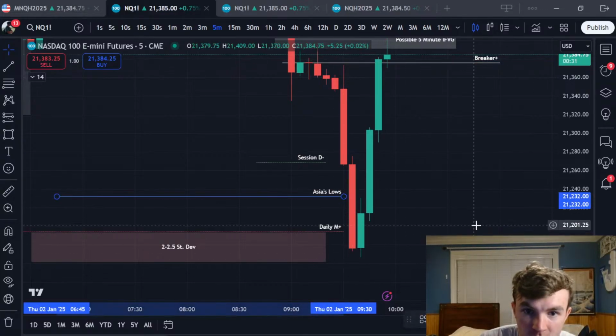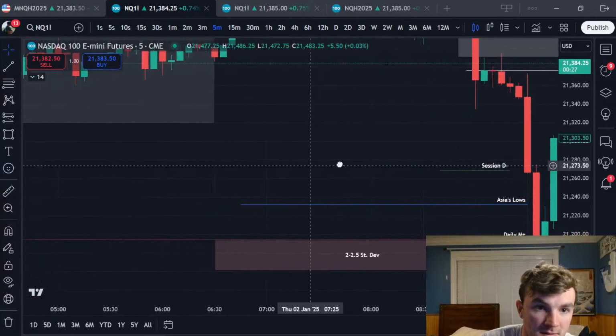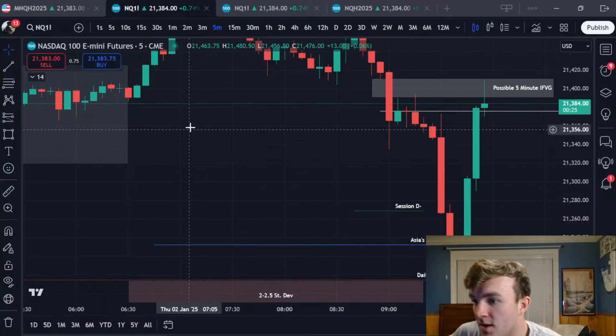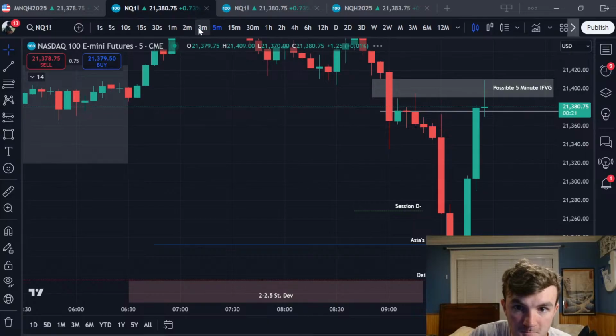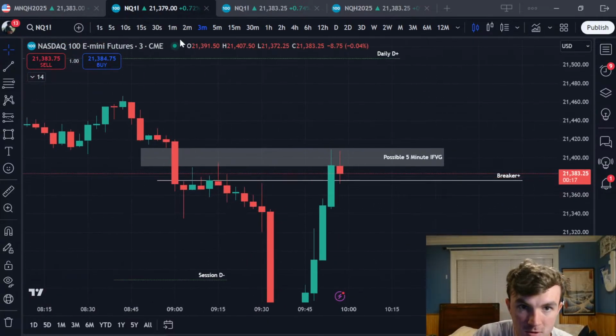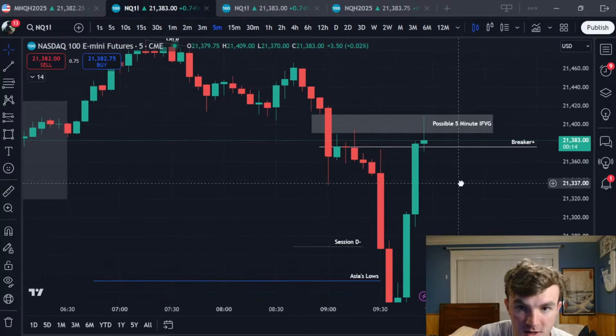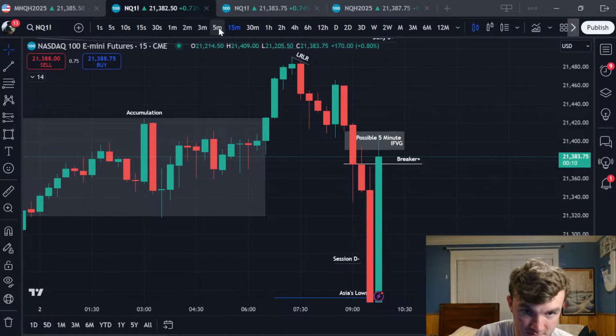Just framing one high probability 1-to-1 trade, and that's it. So yeah, there's your 5-minute breaker, changes to delivery, whatever you want to call it.